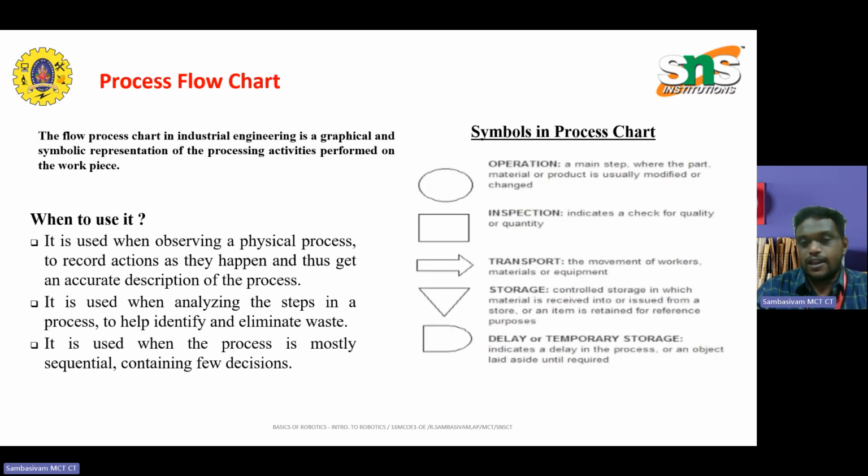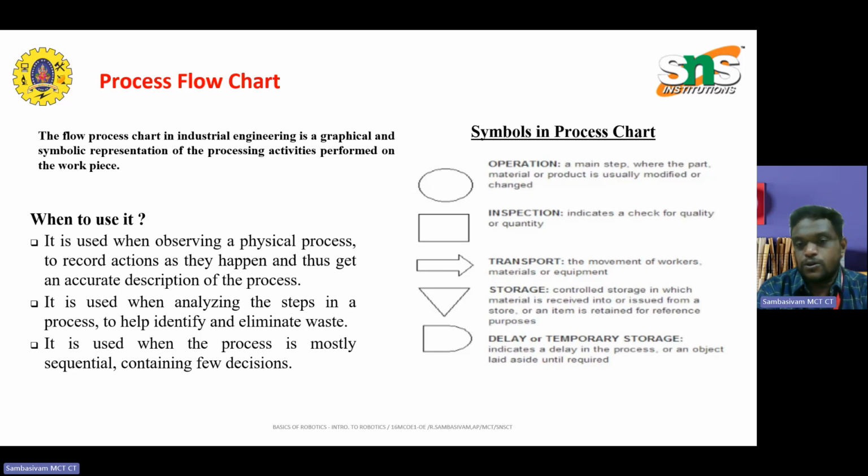I have listed five graphical symbols of the process flowchart. The first is the circle, the operation. It is the main step where the material or product is usually modified or changed. Then the rectangular box shows the inspection, which indicates a check for quality or quantity.